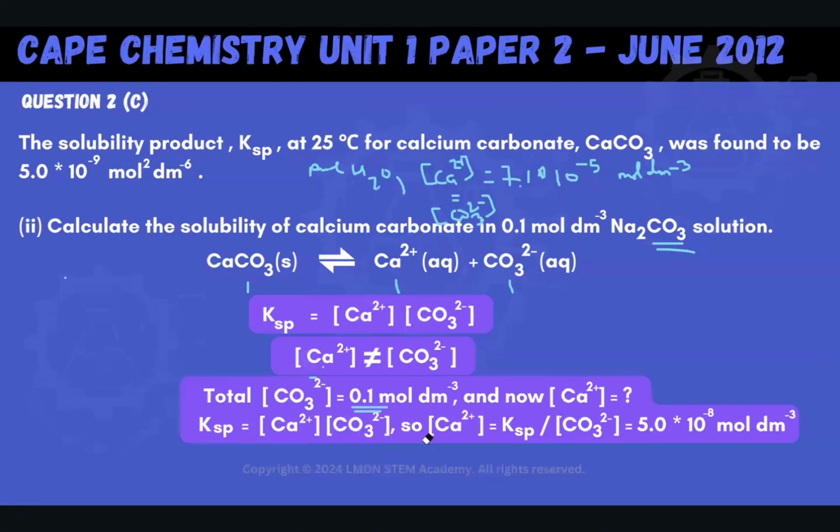So now, if I want to find this, I have to rearrange my KSP expression, making the calcium ions the subject. When I do that, I end up dividing my KSP by my carbonate concentration, and I come up with a number of 5.0 times 10 to the minus 8 mole per dm cube, okay?